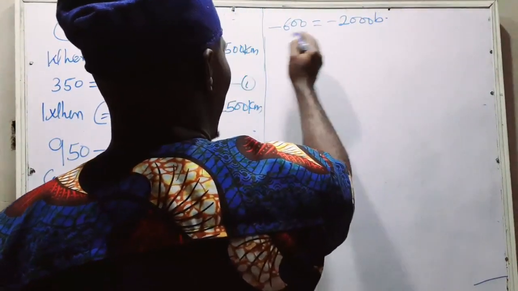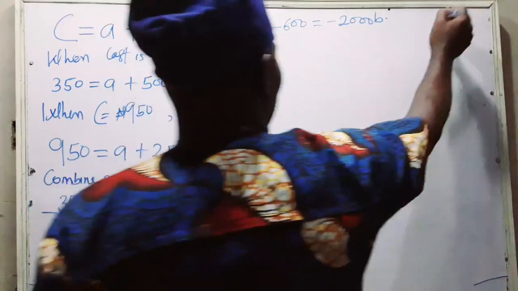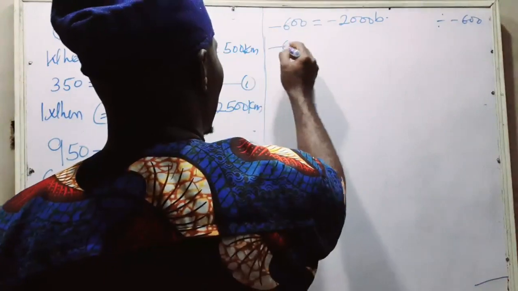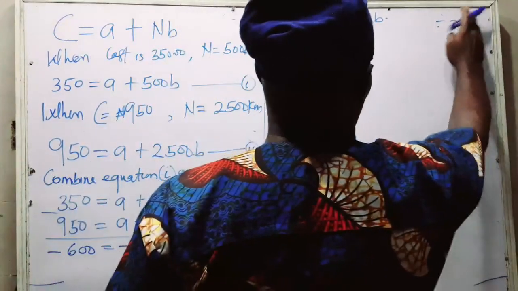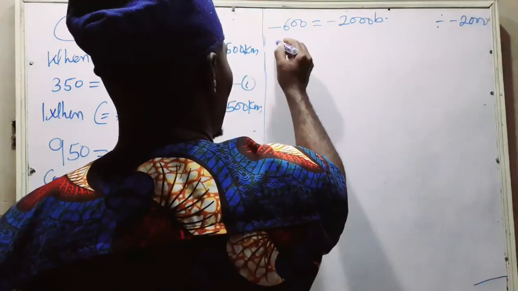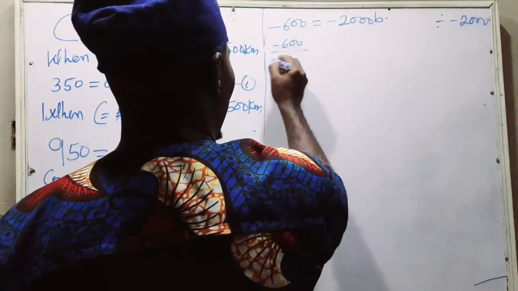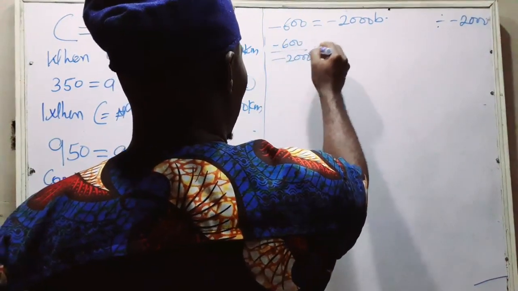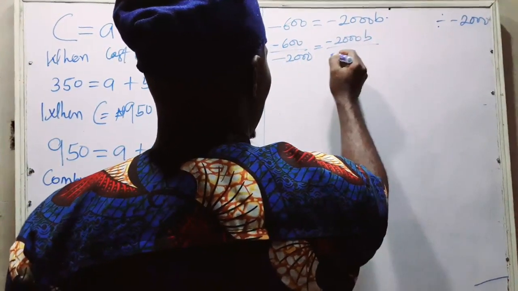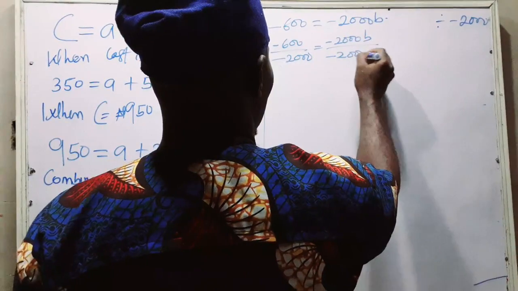So let's divide both sides by minus 2000. We have minus 600 over minus 2000 is equal to minus 2000B over minus 2000.